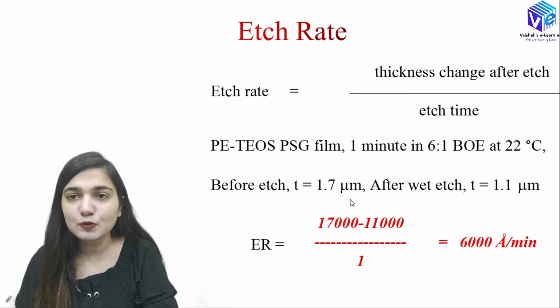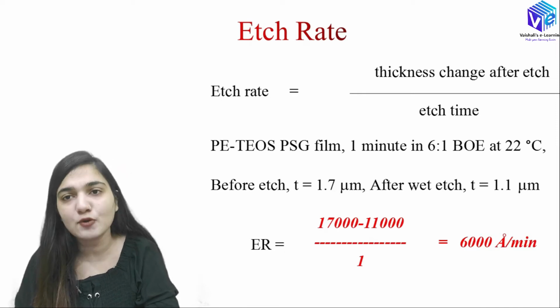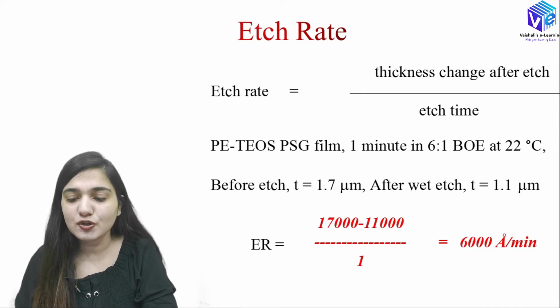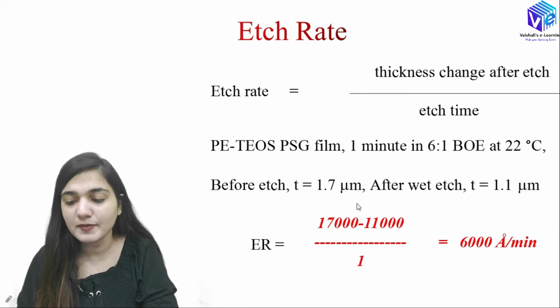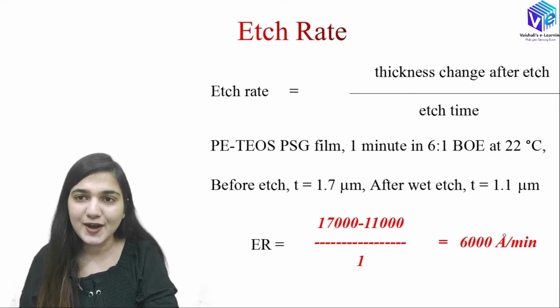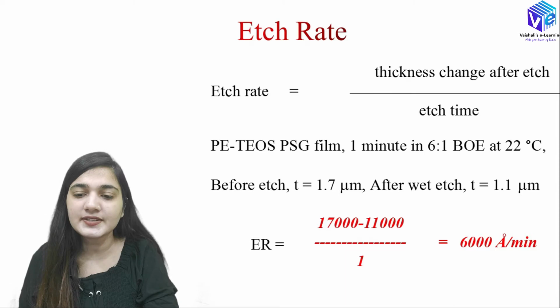I have to find the final answer in angstrom, so I convert it: 1.7 micrometer is 17,000 angstrom. Similarly, 1.1 micrometer is equal to 11,000 angstrom. What was the time? The time was 1 minute. So the etch rate will be equal to 17,000 minus 11,000 upon 1, which is equal to 6,000 angstrom per minute. I hope now you understood very clearly what is etch rate.